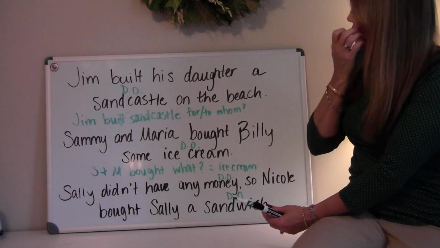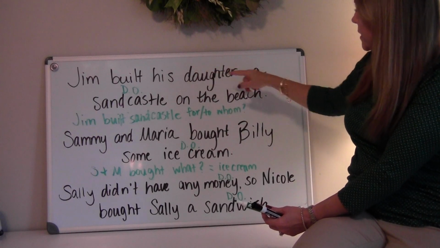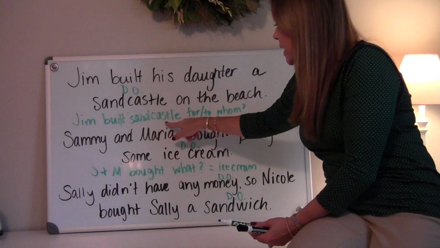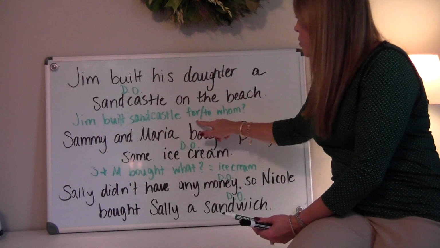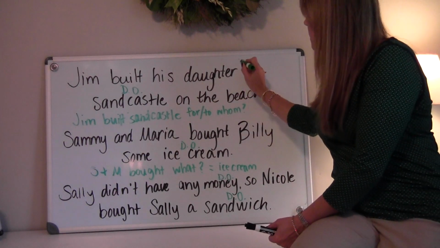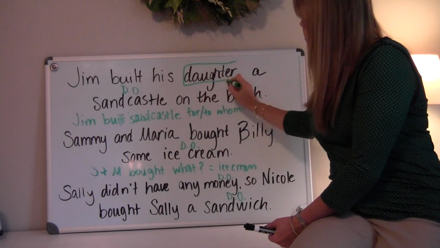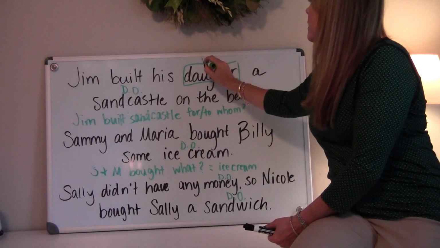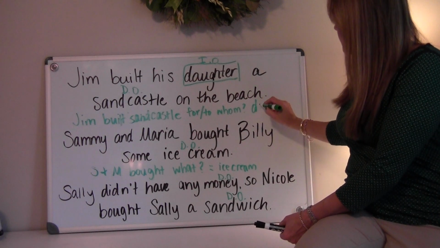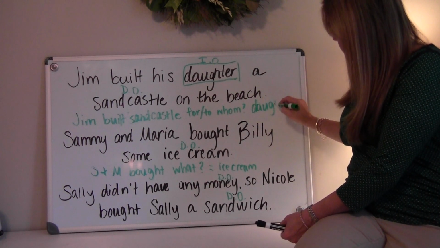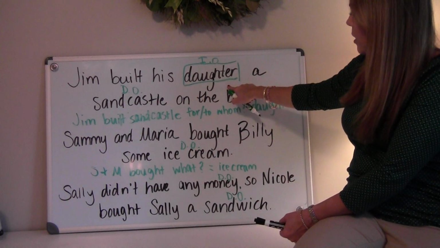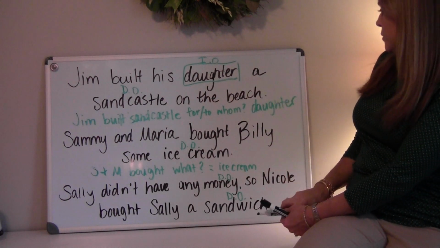So let's look at our sentence. Jim built his daughter a sandcastle on the beach. Jim built sandcastle, my direct object, for or to whom? And your answer for the indirect object is daughter. So your indirect object is daughter.